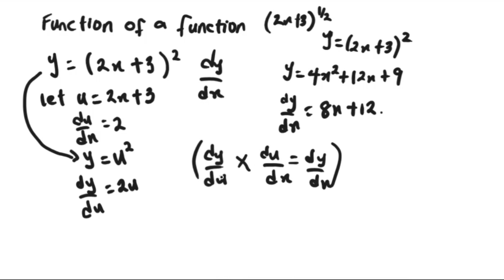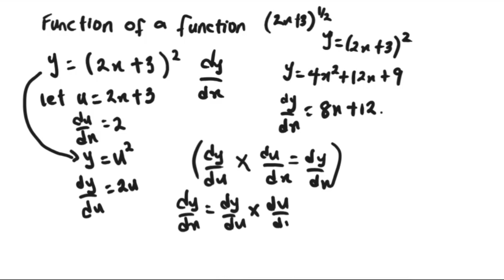You differentiate your y with respect to a different letter, which is the third party. Then you differentiate that third letter with respect to x. So this formula can be rewritten as dy/dp times dp/dx is equal to dy/dx. It just depends on what your dependent and independent variables are in the question.